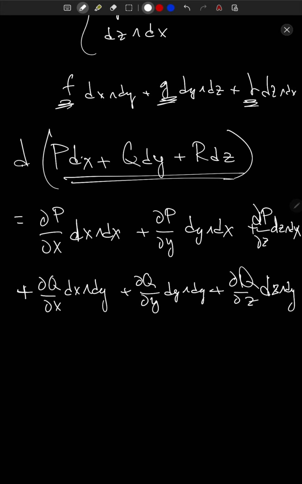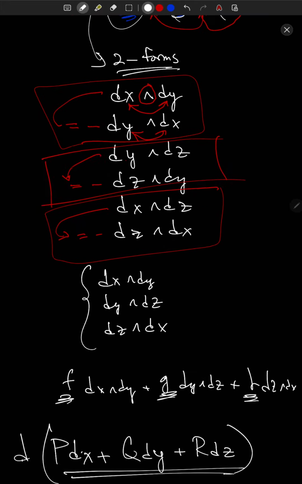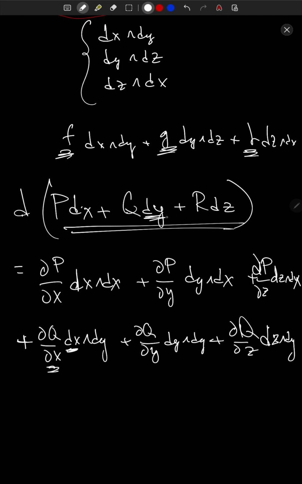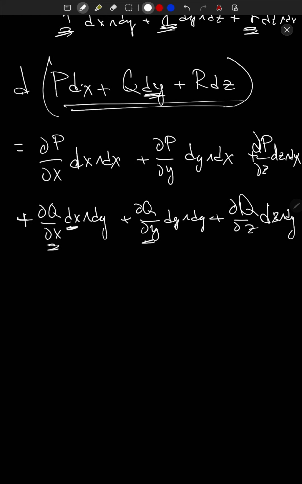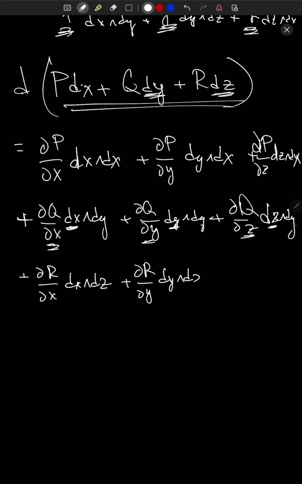So it's always dq/dx dx wedge dy, because q goes with dy. And then finally dr/dx dx wedge dz, because r goes with dz, plus dr/dy dy wedge dz plus dr/dz dz wedge dz.